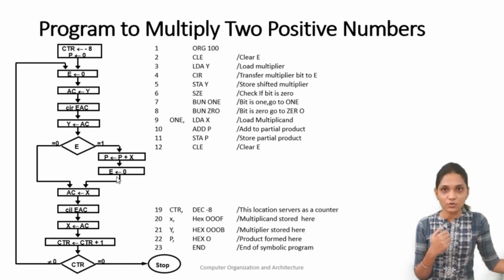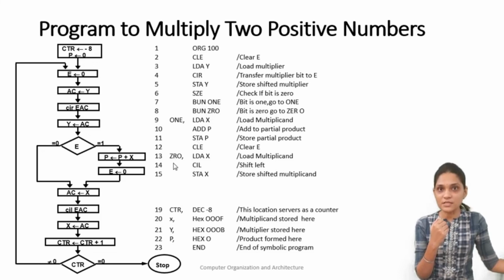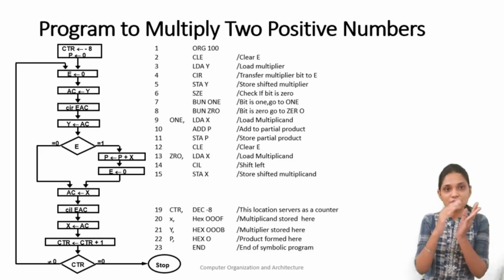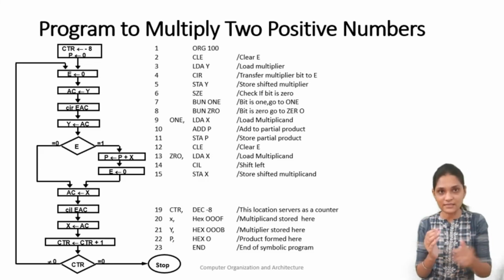If it is 0, or after adding, you have to do this shifting. So after this we will use this 0 label. Then we will load this number another time into the accumulator, then do circular left shifting so that you can add this shifted left version next time.